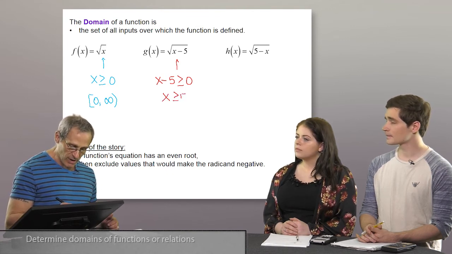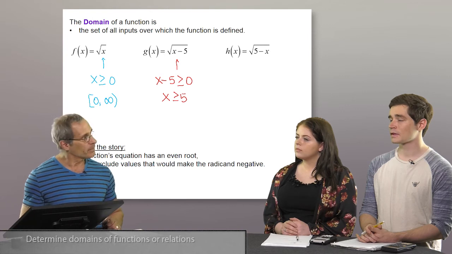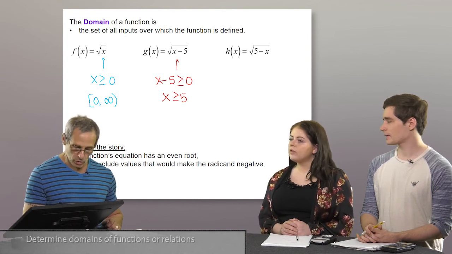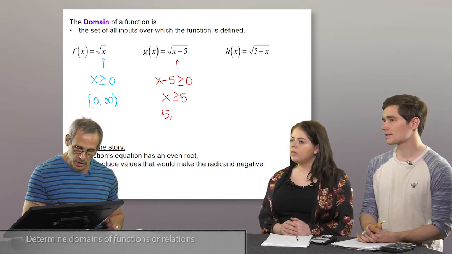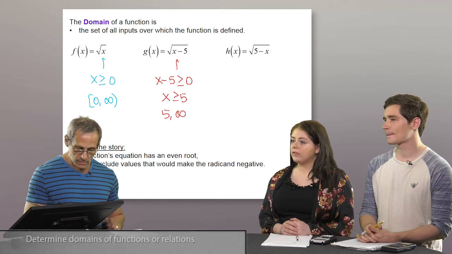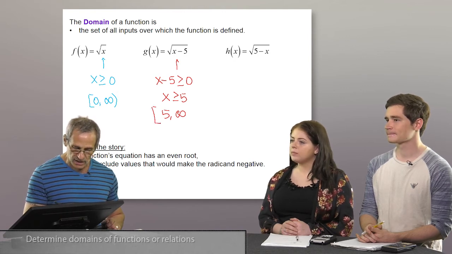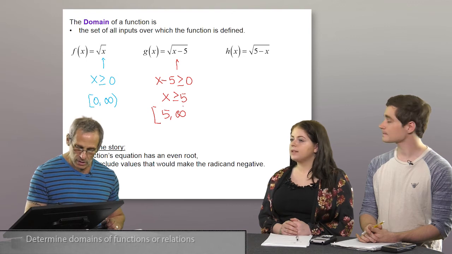Very good. And how do I write that as an interval? You would write 5 to infinity. Would I include the 5? Yes. And I would use a bracket to include it, and the infinity symbol always gets a parenthesis.